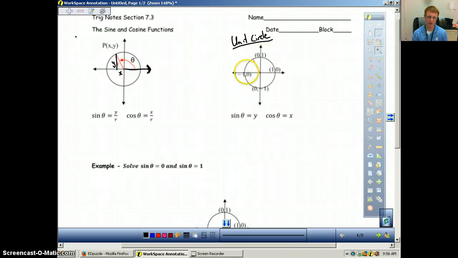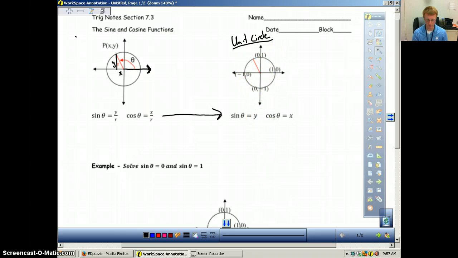This point over here is (-1, 0). And down here is (0, -1). Those are just the x and y values. If the radius is just 1, you can see how our functions transform. Instead of y over r, because r is just 1, the sine of theta is equal to y. In other words, sine of theta will always be representative of the y value on a unit circle.